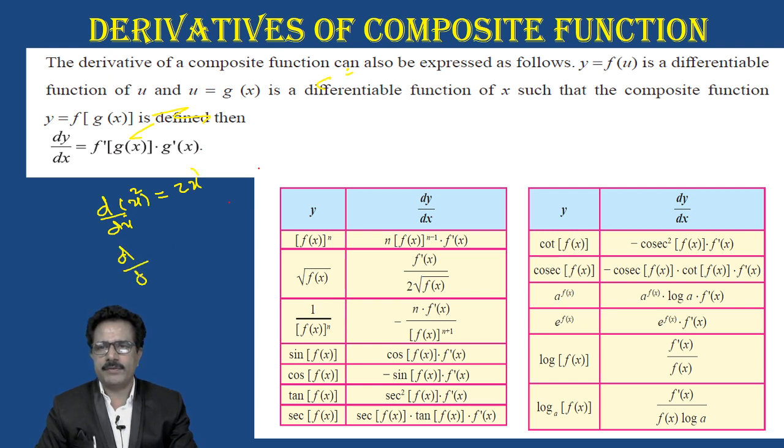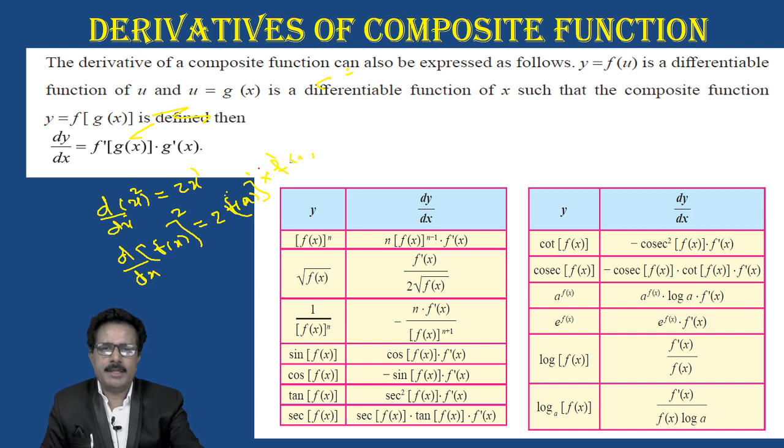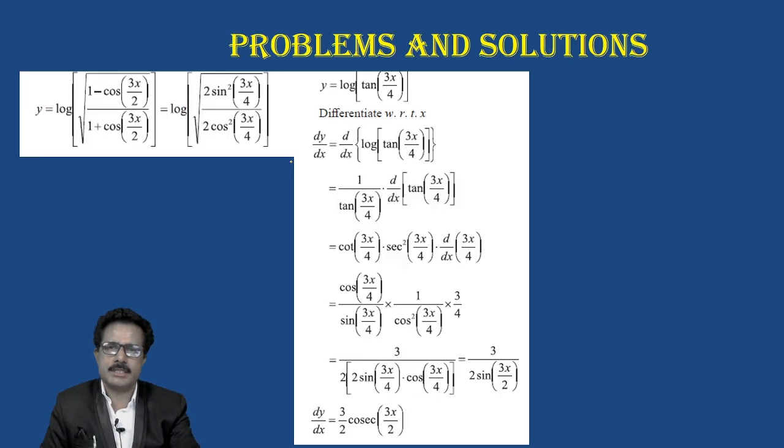In the composite form, replace x by a function f of x, so f of x bracket square. Then how to calculate the derivative? 2 into f of x bracket raised to 1 into again f dash of x. Such types of functions we studied yesterday, and those are the composite functions. That is, replace x by f of x, we get a composite function formula. Here we have discussed yesterday.